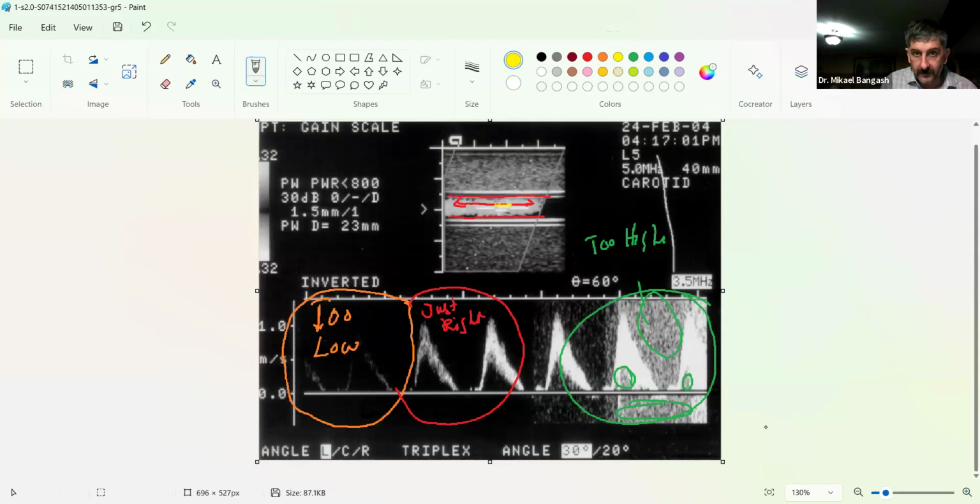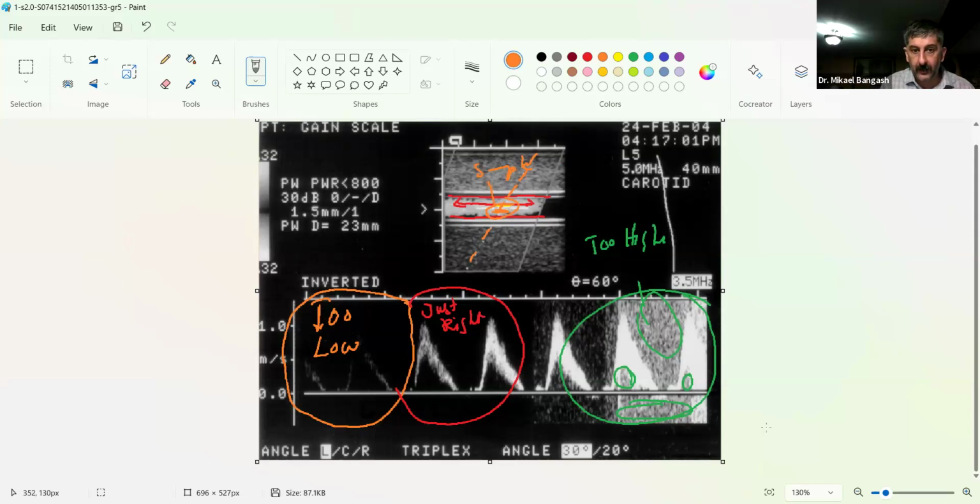Let me just choose this color maybe more. This was your sample volume. Clear, okay.